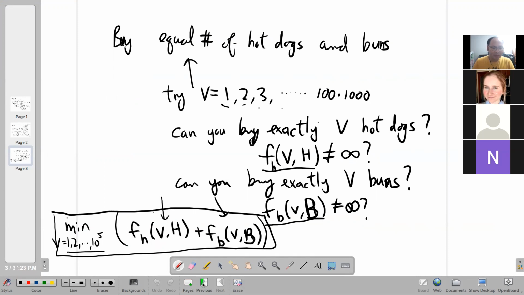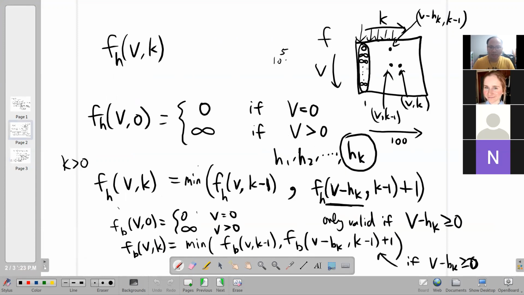But if you think about it this way, I start with this row, and then for every row, I only need the previous row to compute. So as soon as I finish computing this row, I no longer need to know this row. I can start working on this one. I can erase this row. So if I want to save space, I don't actually need to keep this two-dimensional array around. I can just keep one column at a time. And that's what my code does.